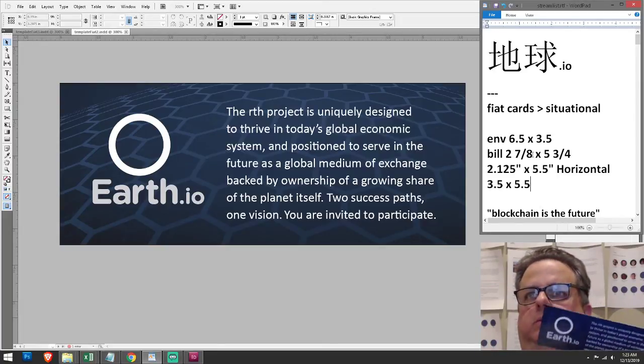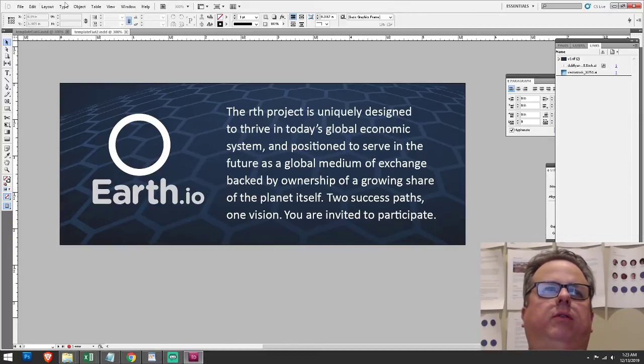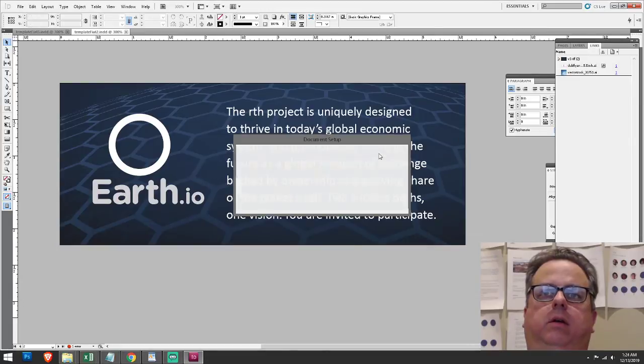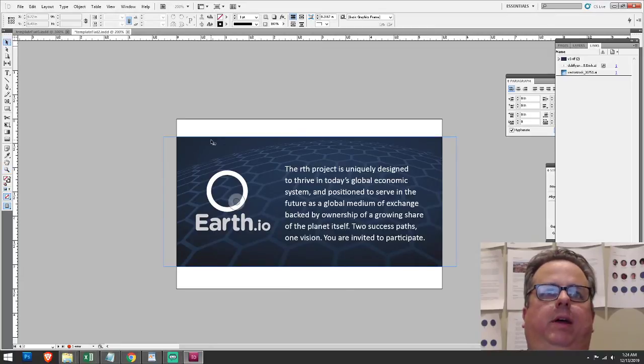If we get a larger envelope, and then go to 3.5 by 5.5, we'll worry about the bleed later there. So we end up with a size that's something more like that.